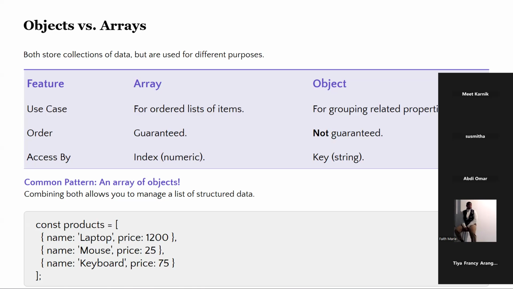Combining both allows you to manage a list of structured data. You can see right here below in this example that there is a products array which has the objects laptop, mouse, and keyboard, which are priced respectively at 1200, 25, and 75.